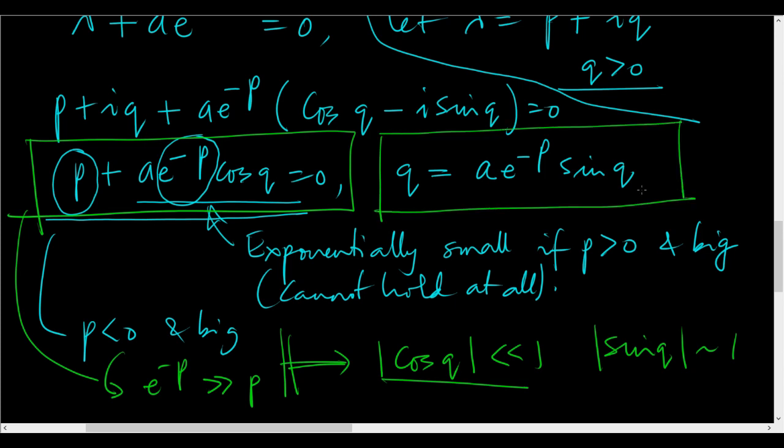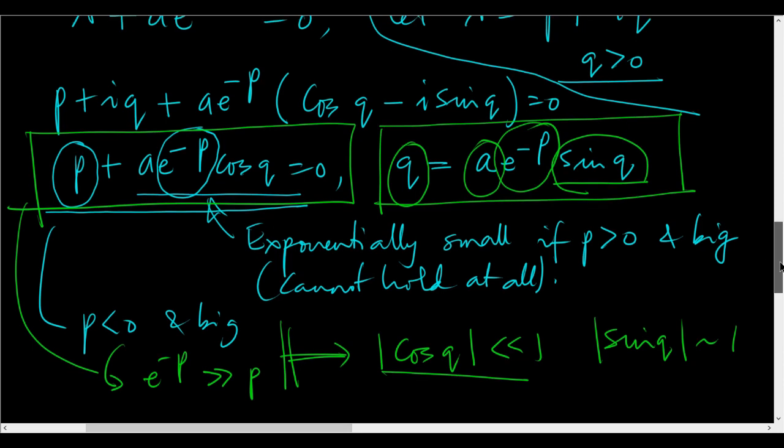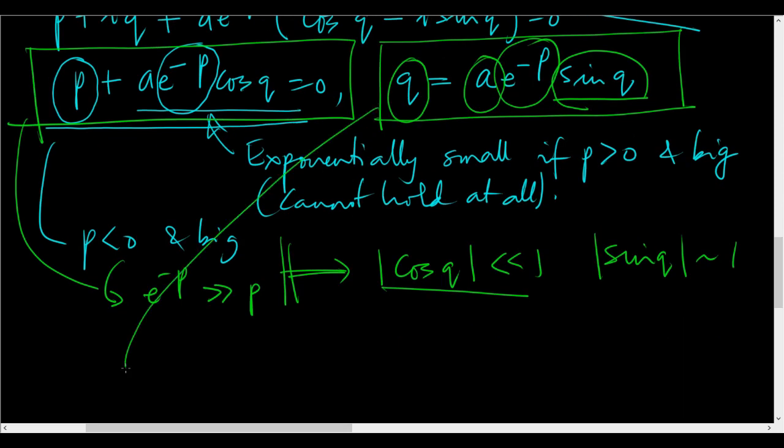By assumption q is positive, a is positive, e to the minus p has to be positive, sine q is basically 1. So what is q? Once again, just as we have seen, this means q is equal to 2n plus half pi. So if q is 2n plus half pi, sine q is 1.